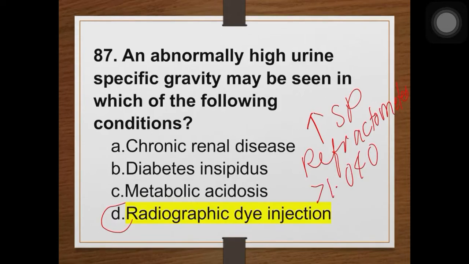Kahit may glucose or may protein, hindi aabot ng ganito kataas. So, kapag present yung radiographic dye, ano yung best way to determine urine specific gravity? The reagent strip. Kasi ang reagent strip po is unaffected by radiographic dye. So, correct answer 87, letter D.